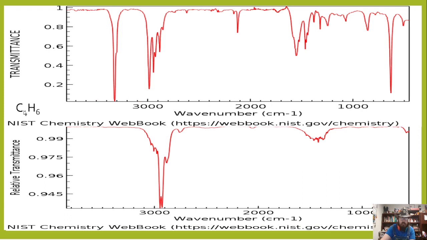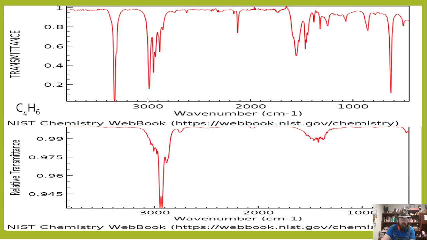And both these guys are C4H6. So what do we have here? C4H6. So the unsaturation index is 2 degrees of unsaturation. What we have here, there's our sp3 hybridized CH. In this region, 2000, 2100, we have a very sharp, very small alkynyl stretch.